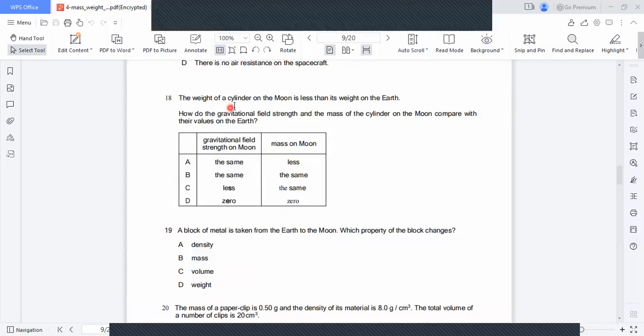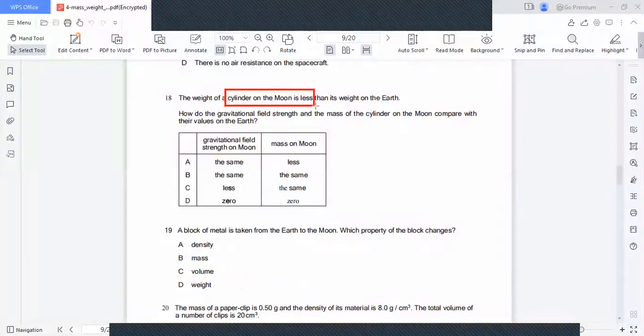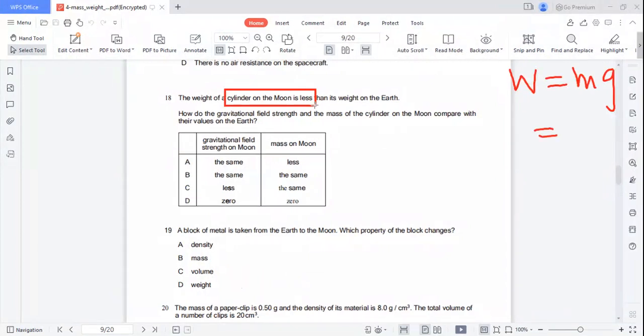Number 18. The weight of a cylinder on the moon is less than its weight on the Earth. On the moon, the formula for weight is W equals mg. Suppose the cylinder has mass m, but gravitational field strength is 1.62.